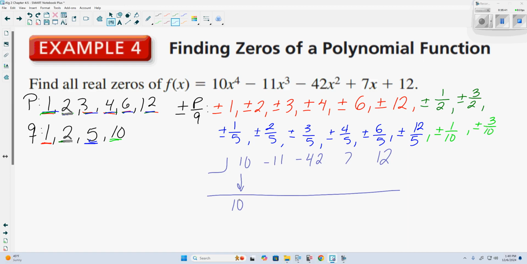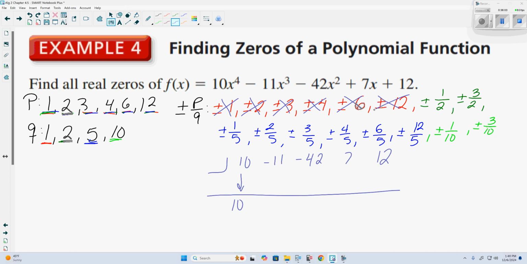Looking straight at the graphing calculator, it told me 1 and -1 did not give us 0. It told us 2 and -2, 3 and -3, 4 and -4, 6 and -6, 12 and -12. None of those gave us a y value of 0. I just removed 12 possible rational zeros from the board already.